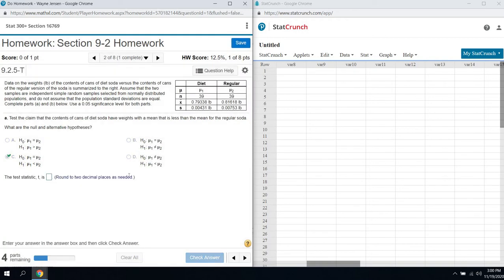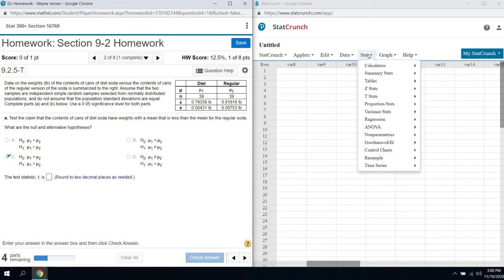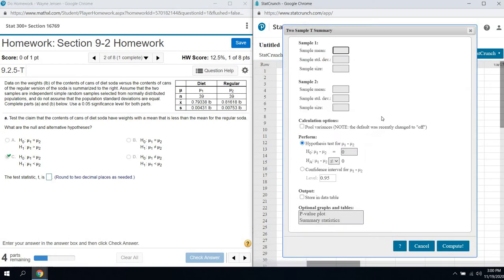Now we have really a nice thing here in StatCrunch. We're going to go over to Stat, and this is a t-statistics. Okay, so the mean has always been associated with the t-score. So it's a 2-sample, and we have the data summarized. We don't have the individual 39 pieces of data. We have it all summarized. So as you look at this, make sure you're filling in the right numbers to the right box. Box number 1 isn't the top number in our box.